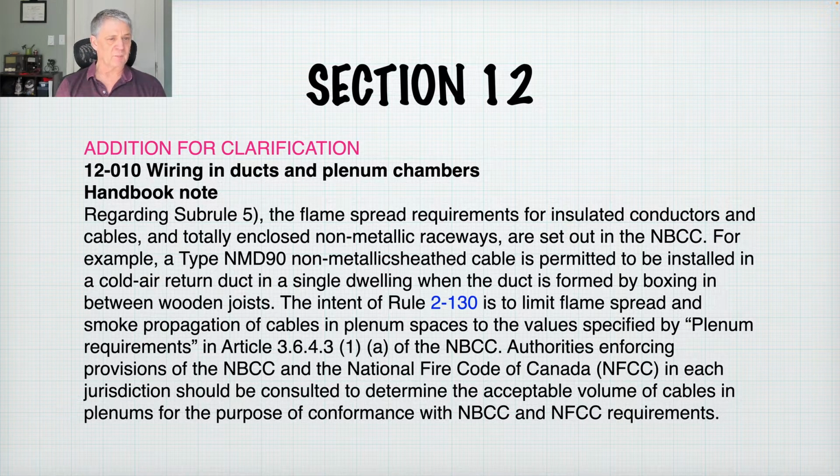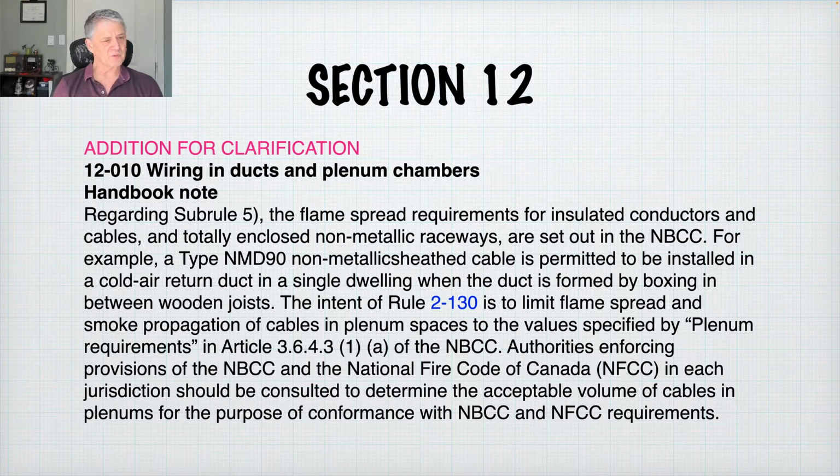For example, the type NMD90 non-metallic sheath cable is permitted to be installed in a cold air return duct in a single dwelling when the duct is formed by boxing in between wooden joists. The intent of this rule 2130 is to limit flame spread and smoke propagation in cables in plenum spaces to the values specified in plenum requirements in Article 3.6.4.3.1A of the National Building Code of Canada.